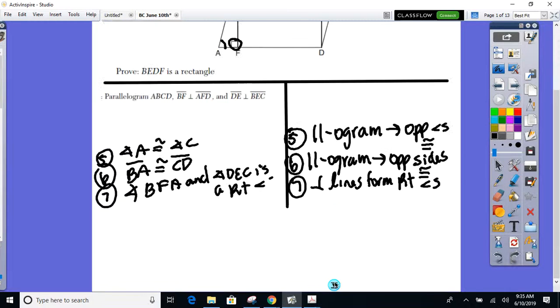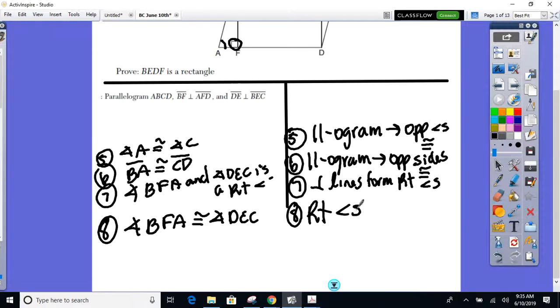And then say they're congruent. All right angles are congruent. So that's how we get the triangles congruent.